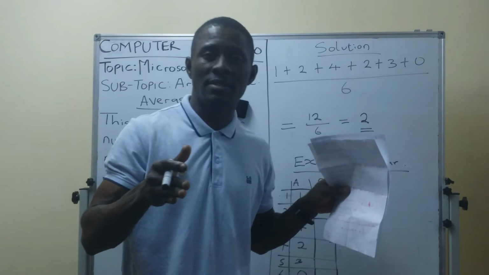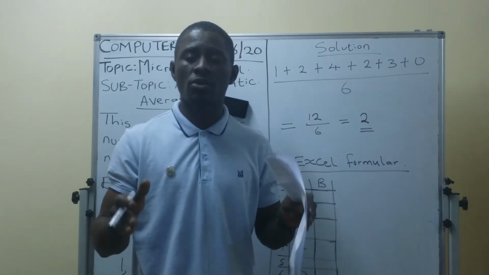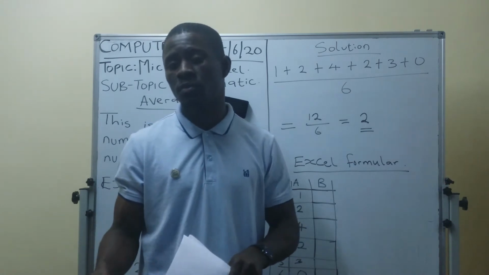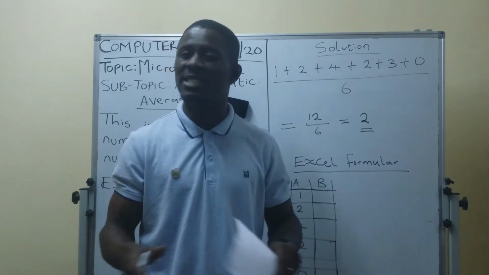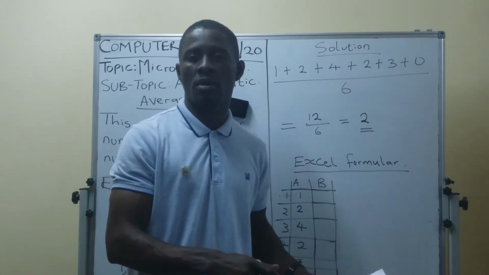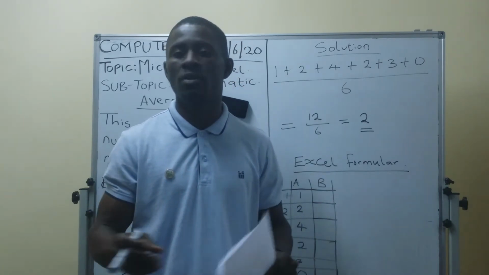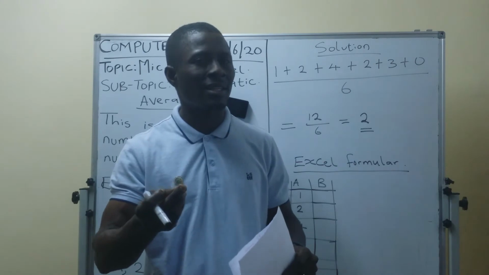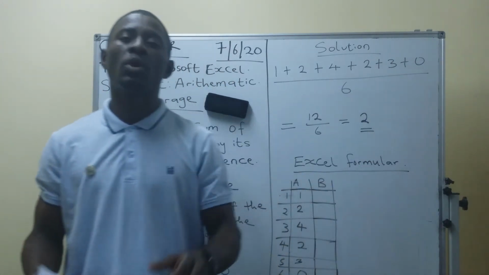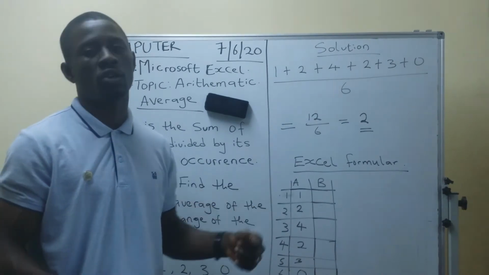Once there is need for calculation, Microsoft Excel always plays a very vital role. It's very easy and very fast. Before someone using a calculator will arrive at a conclusion, you using Microsoft Excel, within a twinkling of an eye, you're already there. So I implore you to explore more on this topic.